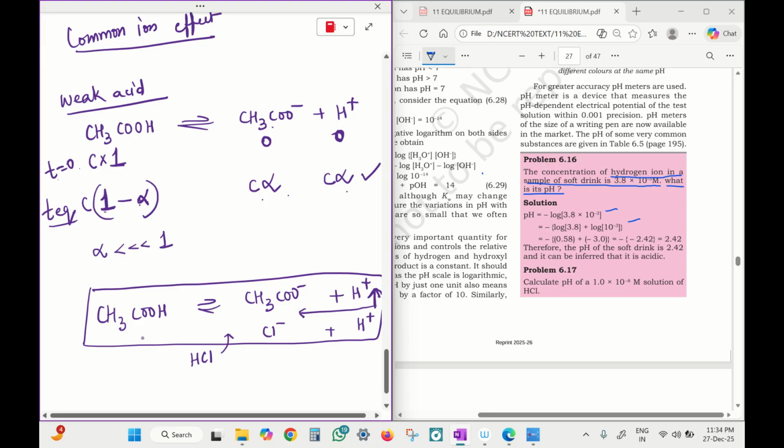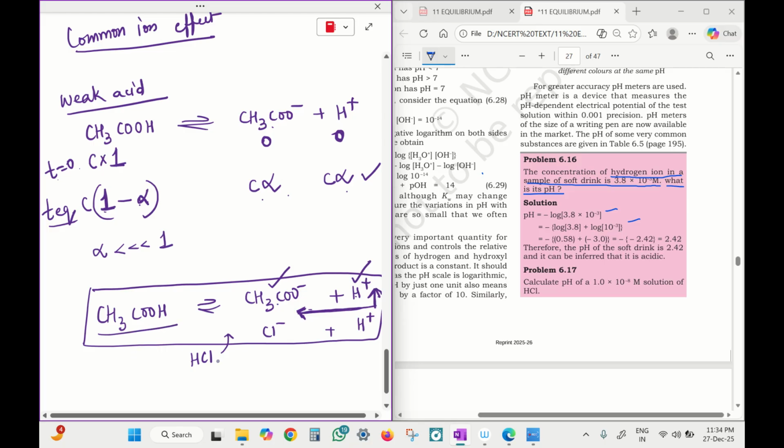When it goes in the backward direction, we can think that the acetic acid was already dissociated to a very small extent. Whatsoever dissociation occurred, even that is decreased because of the reaction moving in the backward direction. What would happen when the reaction goes in the backward direction? Whatever little H plus and acetate were formed, the H plus will combine with the acetate ion to go back and sit as acetic acid.